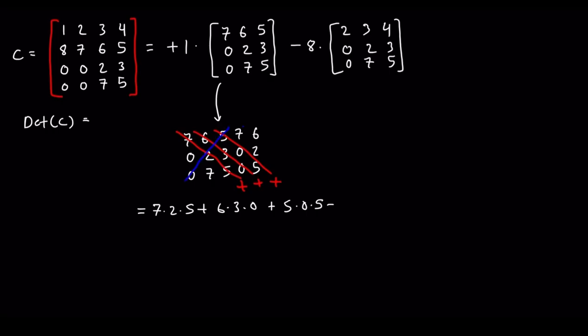these diagonals. So that's 5 times 2 times 0 minus 7 times 3 times 7. That was a bad looking 7. Minus 6 times 0 times 5. Now these are being multiplied by 0, so these are just 0, and then we focus on these.